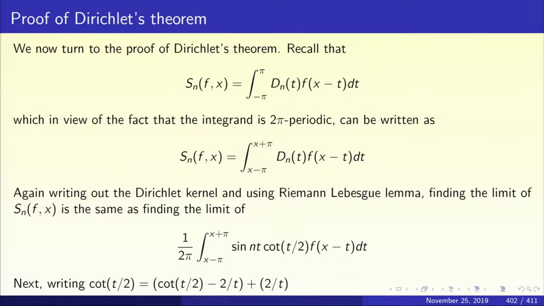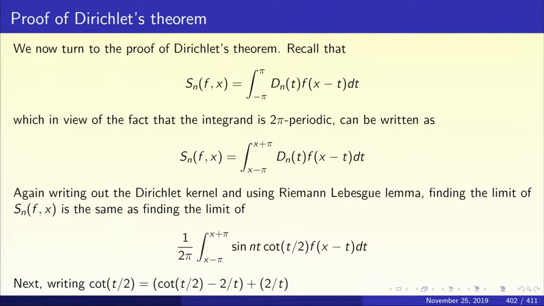Now the Dirichlet kernel is 2 pi periodic, f is also 2 pi periodic. I am going to extend f as a 2 pi periodic function to the entire real line, of course, and work with it. And so S_n f(x) will be equal to the integral from x minus pi to x plus pi of D_n(t) f(x minus t) dt, because I can take any interval of length 2 pi and the integrals over those will be equal.